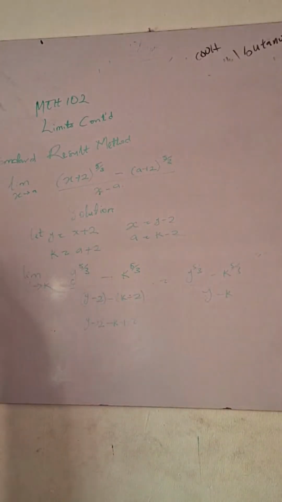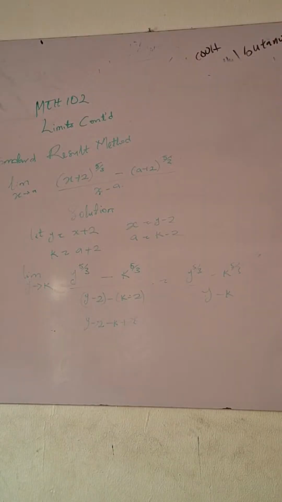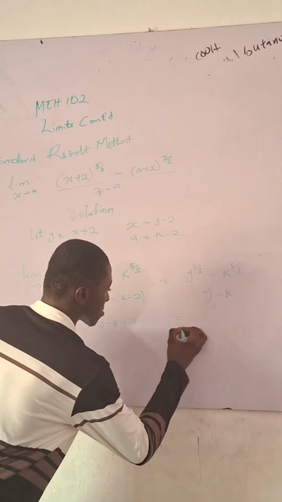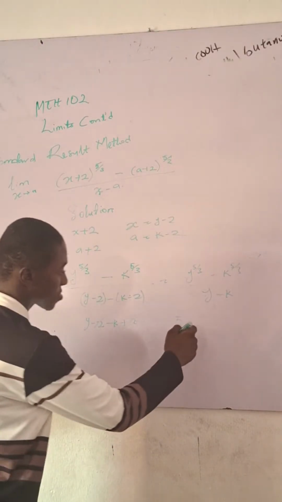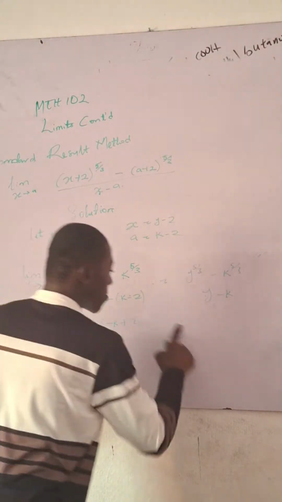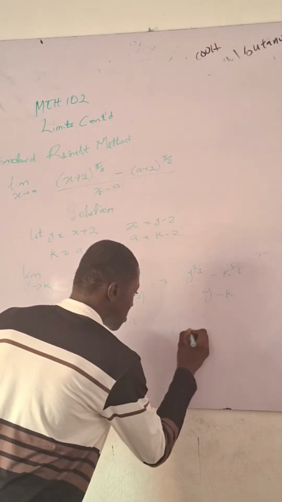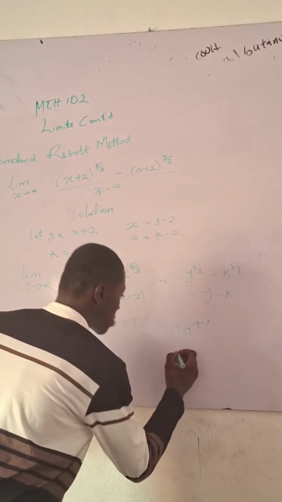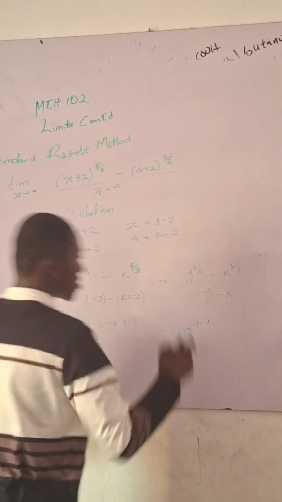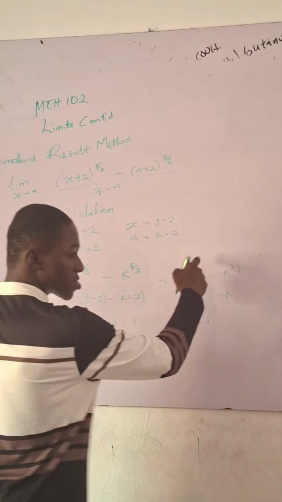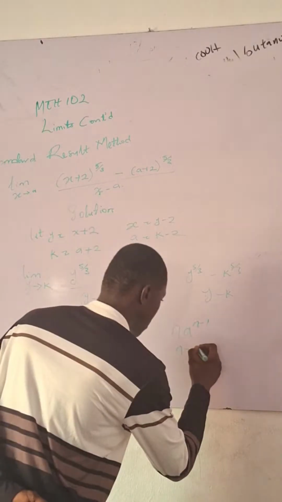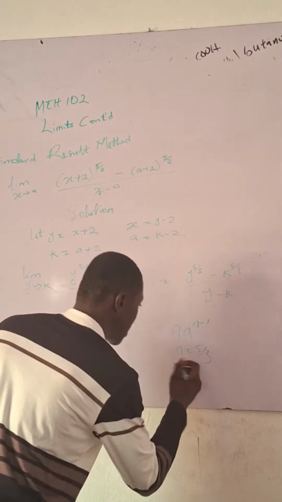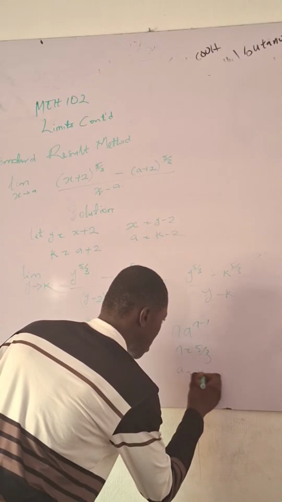Is it in the format? Yes. So if you use it, what do you get? You get y^(5/3) minus k^(5/3) over y minus k, as y approaches k. What's the formula? n a^(n-1). In this case my n is 5/3 and my a is k.